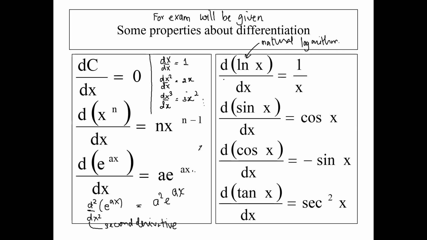If you look at the sine function, you see that the slope changes like the cosine function. The same is true for the cosine function, where the slope changes with a negative sign. And the derivative of tan x by dx is actually secant squared x.